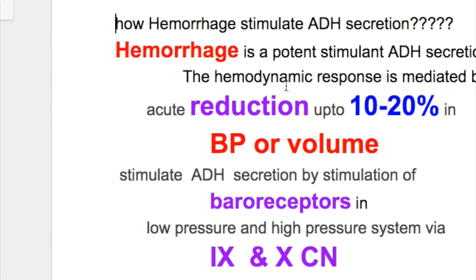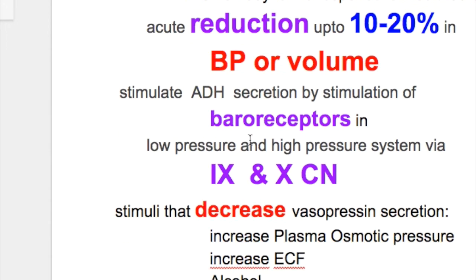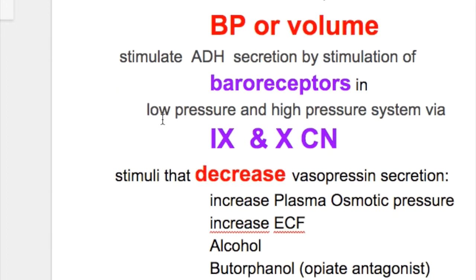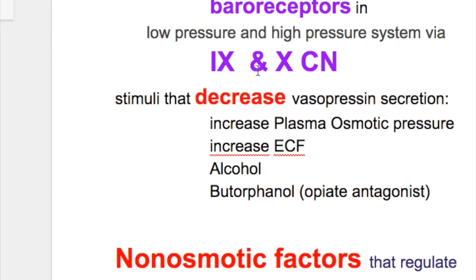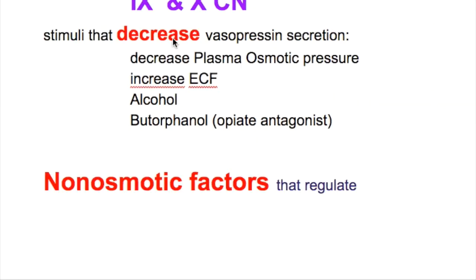The hemodynamic response is mediated by an acute reduction of 10 to 20% in blood pressure or volume. It stimulates ADH secretion by stimulation of the baroreceptors in the low and high pressure systems via the glossopharyngeal and vagus nerves.